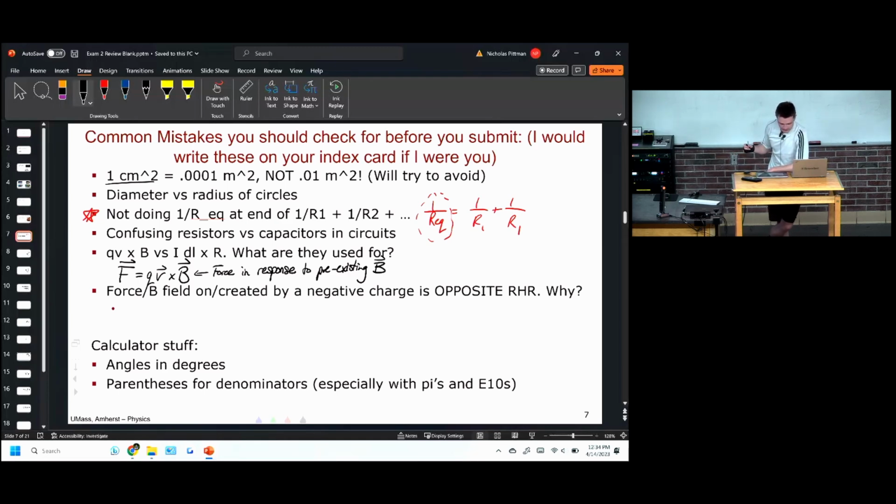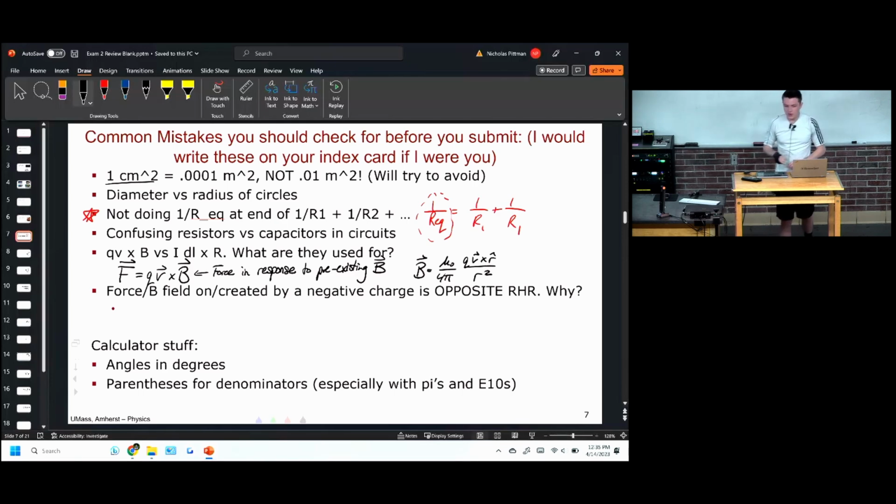Okay, in contrast, the Biot-Savart law, which is the ugly one with mu naught, and again, it has those two forms, either QV cross R or IDL cross R hat.